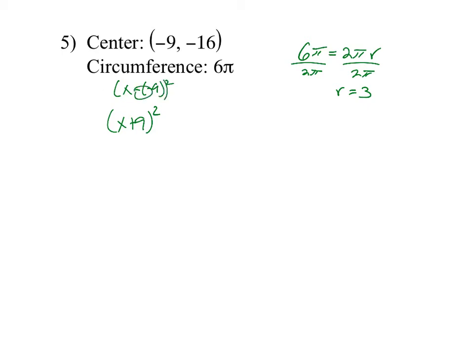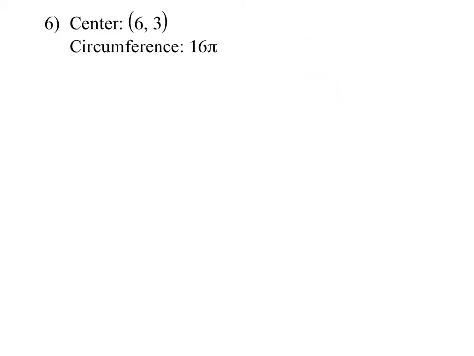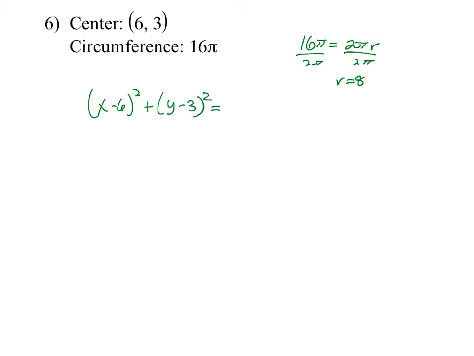So this becomes a positive, plus y plus 16 squared equals r squared, the radius squared, so it equals 9. Now I have 16 pi equals 2 pi r, so dividing by 2 pi, r equals 8. So x minus 6 squared plus y minus 3 squared equals 64.